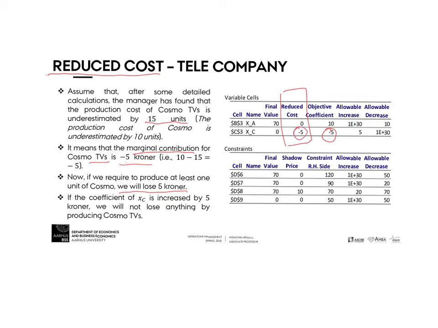This minus 5 means you now need to increase your objective coefficient by at least 5. Then you can get a value for xc which is positive, not 0. This sounds a little bit puzzling, so we can see more in the following slides.